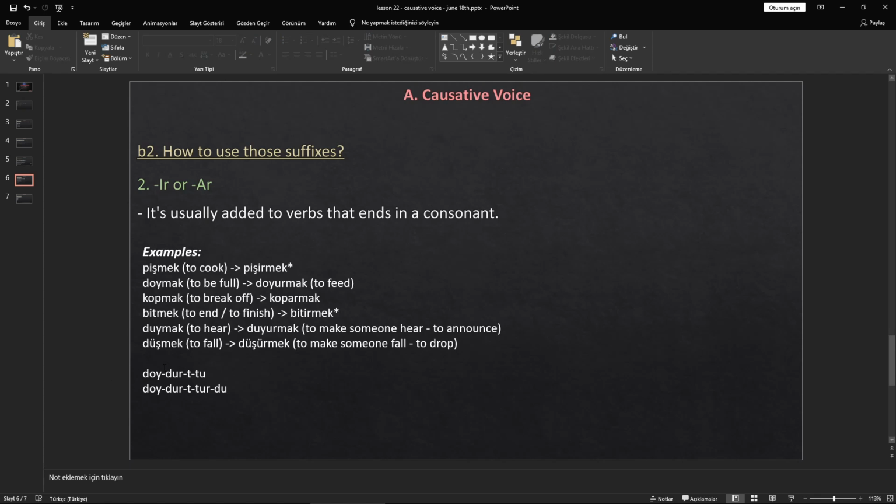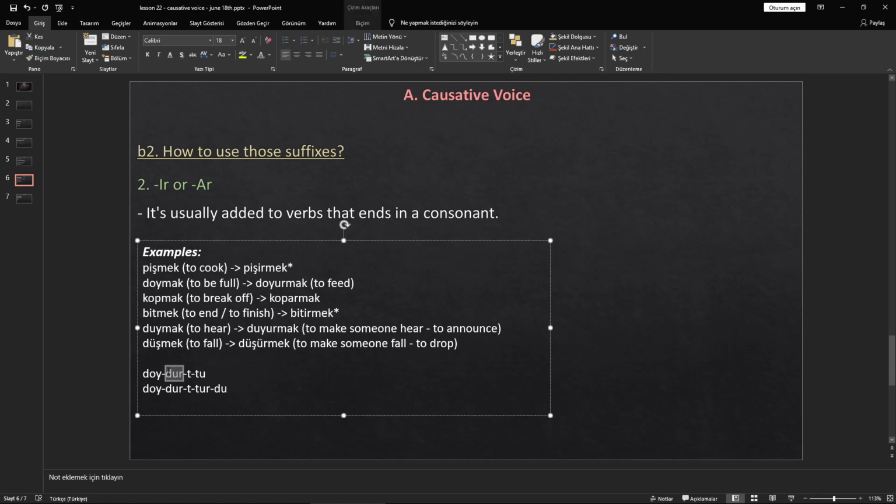The first dur is you make someone be full, you feed someone, but when you insert the second causative, it's like you ask someone to feed the baby. Mesela annem bana bebeği doyurttu.